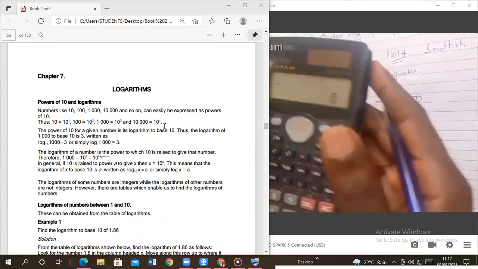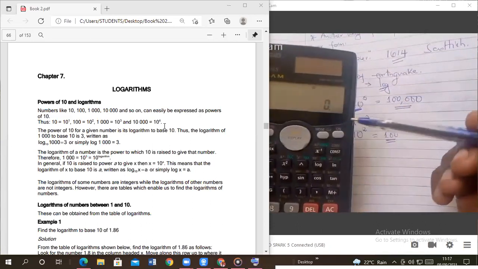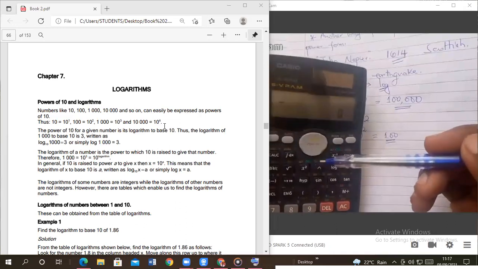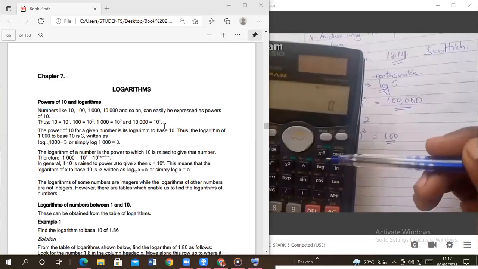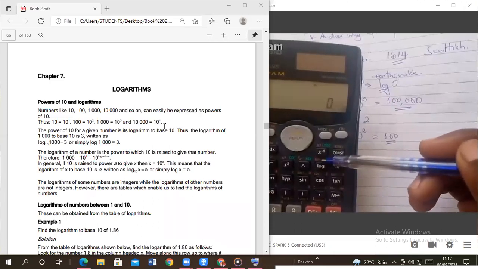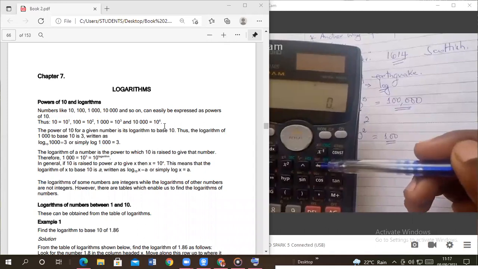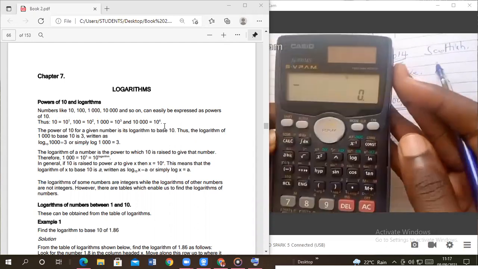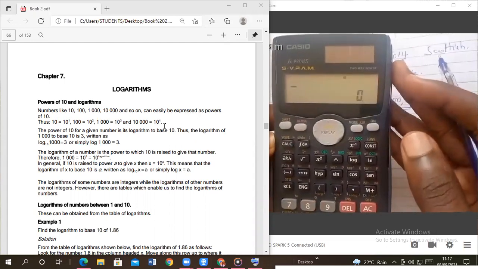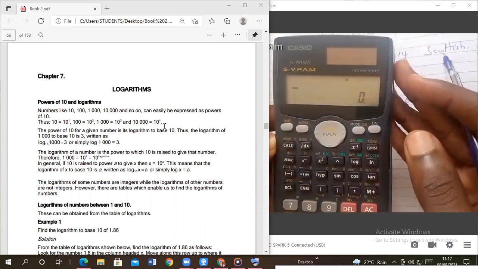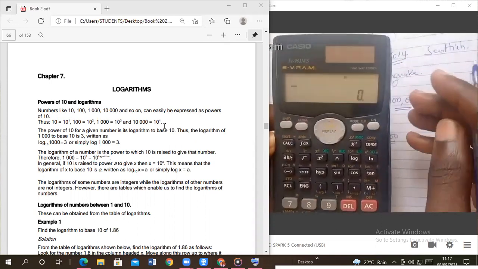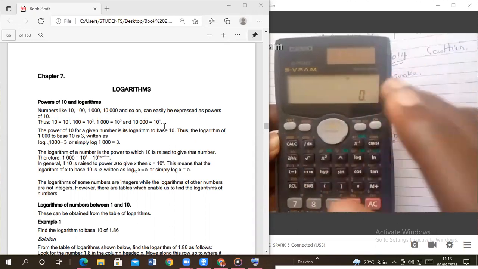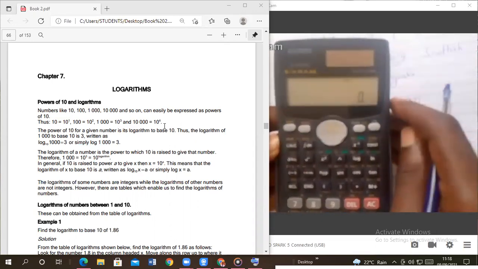Because our calculator has a logarithm button, and there is that part where they put 10 to the power x. So our calculator has been programmed to log to base 10. So take note of that. The only logarithm that we can put in our calculator must be log to base 10.